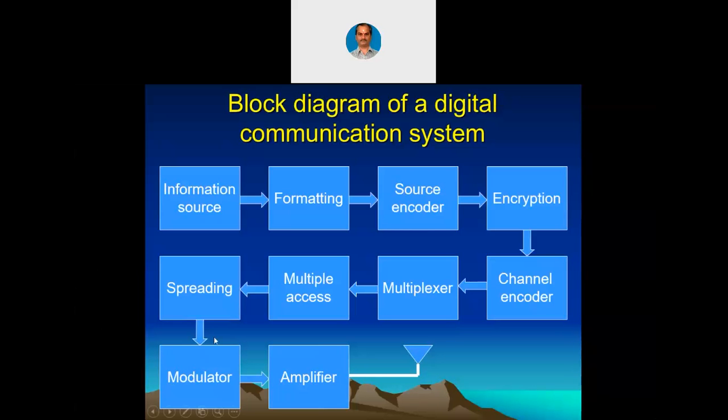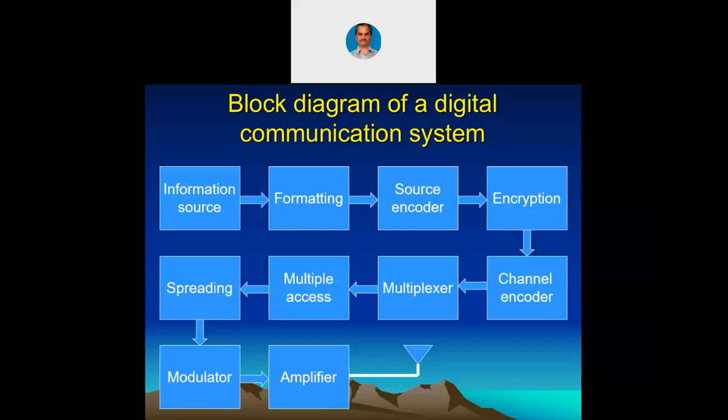So here the digital signal which is coming out of this spreading block is going to be a modulating signal, and with the modulator we will have something called a VCO, voltage controlled oscillator. That oscillator will be working with a much larger frequency. That frequency is called the carrier frequency. That is going to carry the information signal or the modulating signal. Now the output of the modulator will have carrier as well as information together, the information superimposed on the carrier wave.